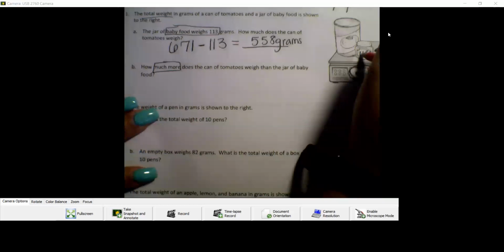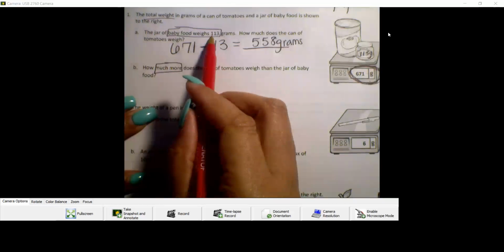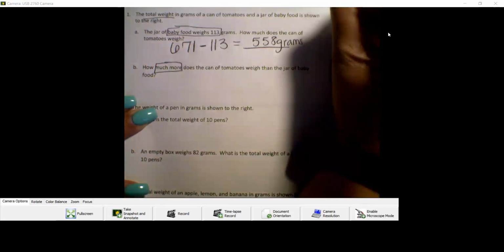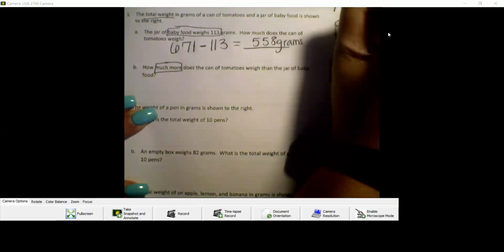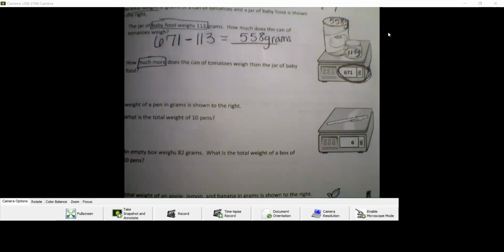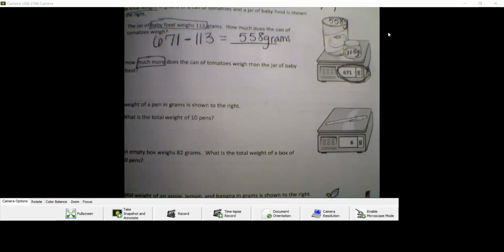So we know the baby food weighs 113 grams. We got it from here. We also found out how much the tomatoes weigh. The tomatoes weigh 558 grams. Now, if we want to know how much more the tomatoes weigh than the baby food, is that addition or subtraction?